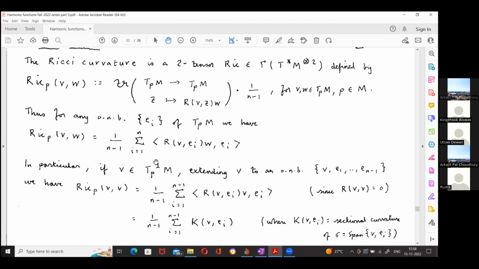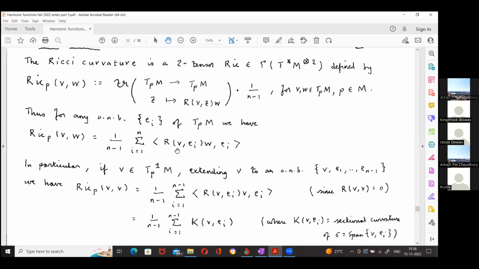So for that, let me first take V to be a unit vector. If V is a unit tangent vector, then we can extend V to an orthonormal basis V, e_1, up to e_{n-1}.